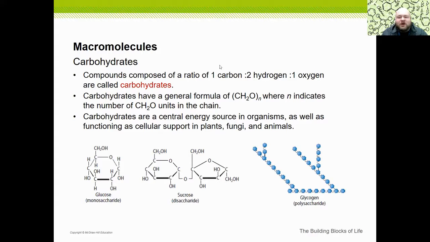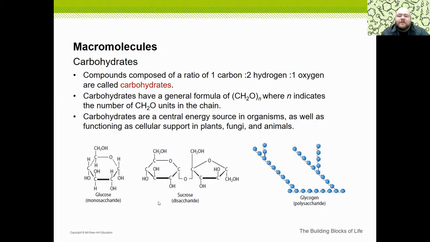And again, that comes out of the ratio of those different elements together, carbon, hydrogen, oxygen, or 1 to 2 to 1. The general formula for a carbohydrate is CH2O times n, and n indicates the number of CH2O units in the chain. So the bigger the polymer, the bigger this little letter n, which represents that number, is going to be.